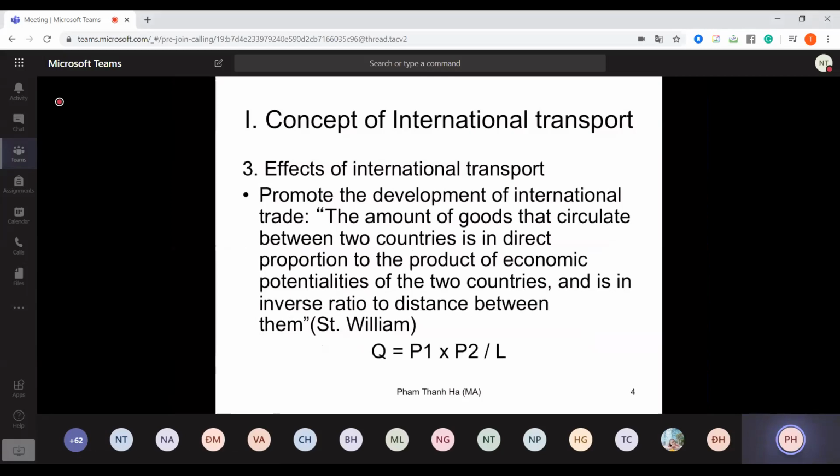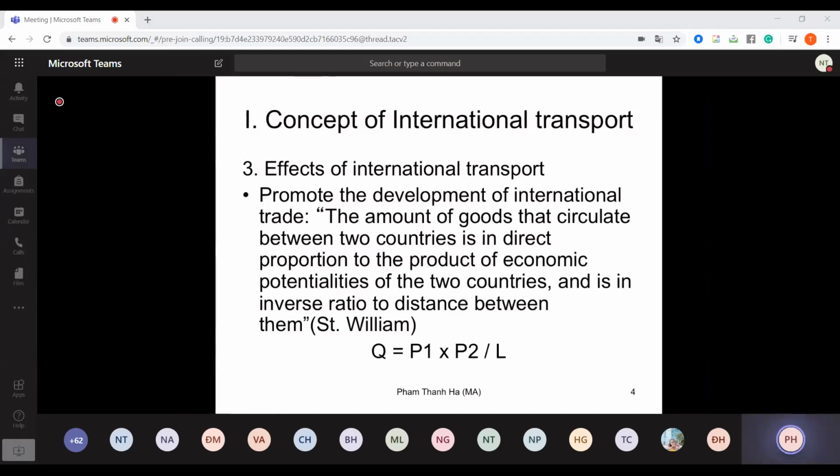So please ignore my slides. Think and give me your opinions. What is the relationship between international transport and international trade?